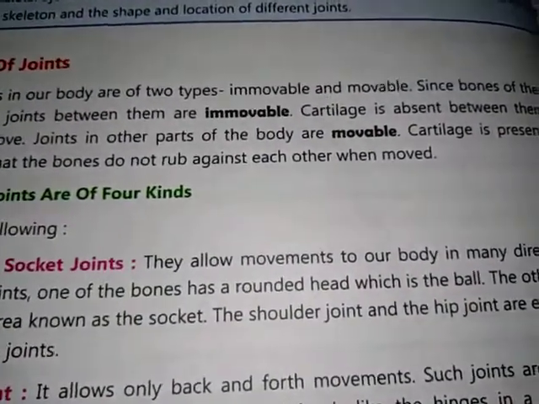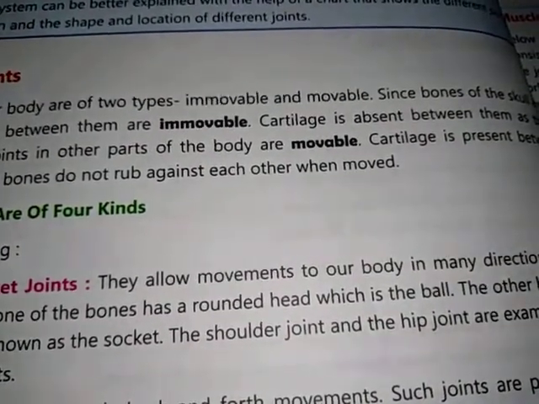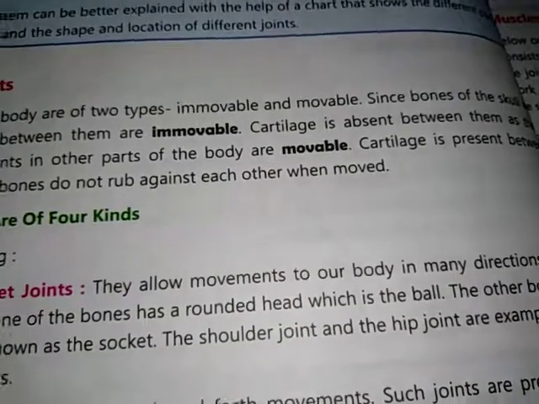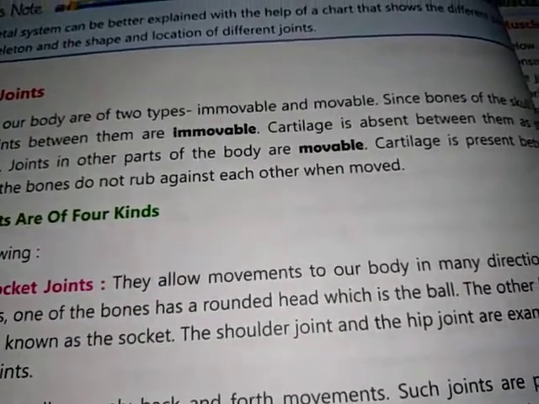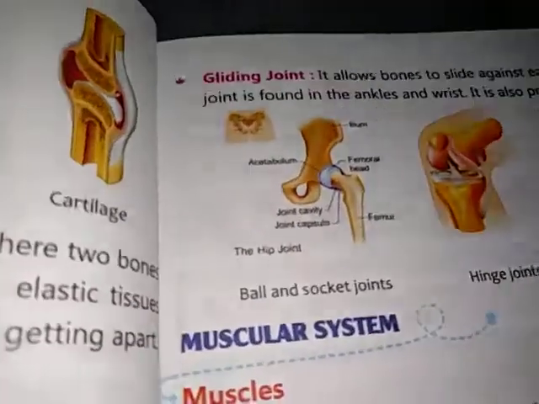So in these joints, one bone has a ball-like structure and another bone has a cup-like structure known as the socket. So let me show you in this diagram.